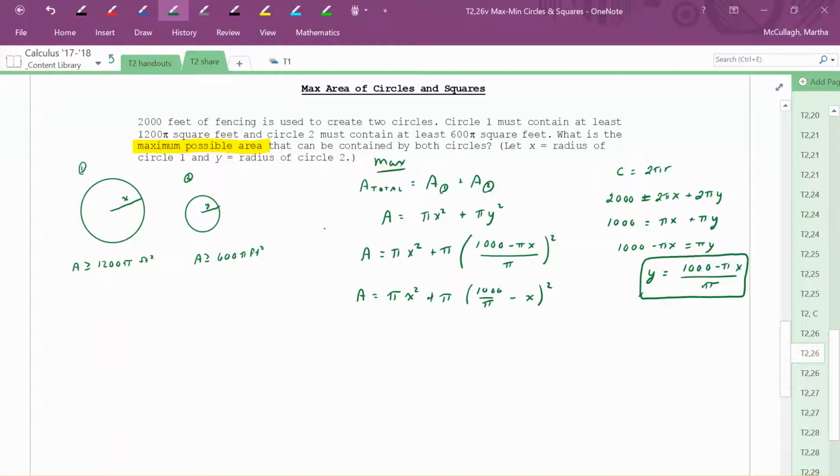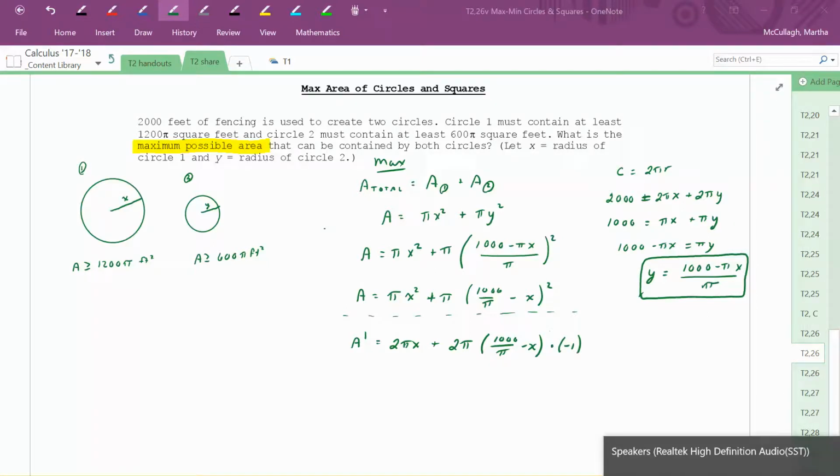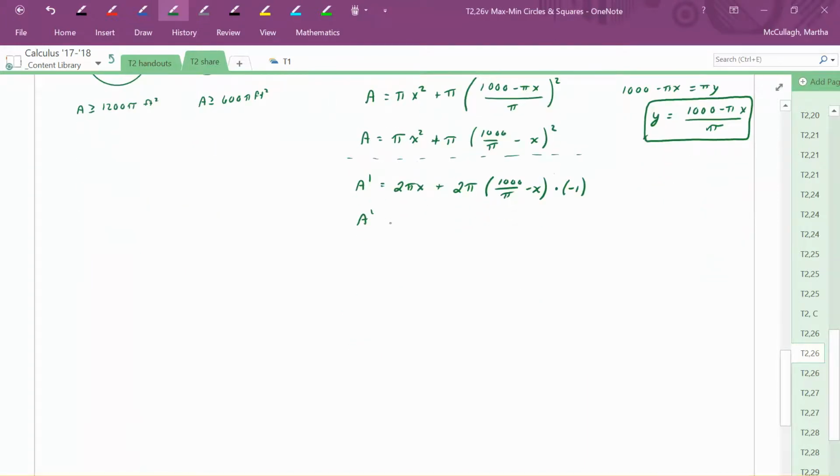We did this problem the other day, just as a review problem, just practicing. So we want to take a derivative. We have A prime equals 2 pi x plus 2 pi, everything that's in the parentheses, my u value, times (minus x to the first power), times -1, chain rule. So I'm going to put this negative over here. I've got A prime equals 2 pi x minus 2 pi times this parentheses.